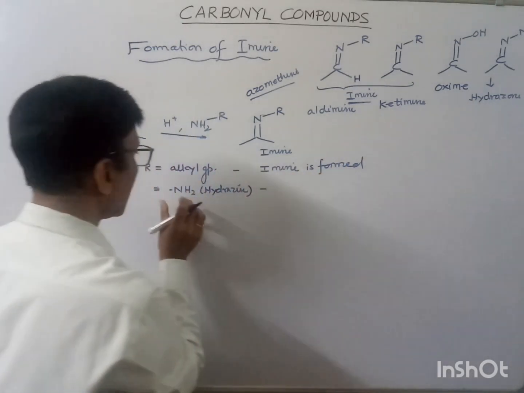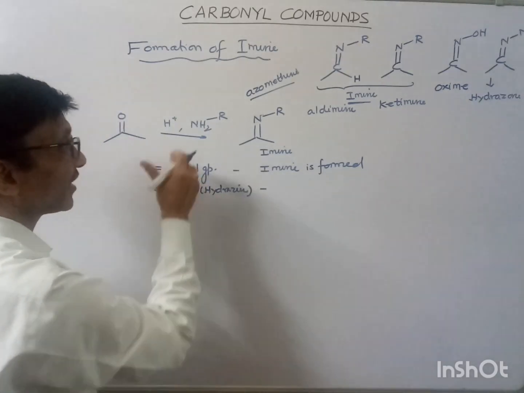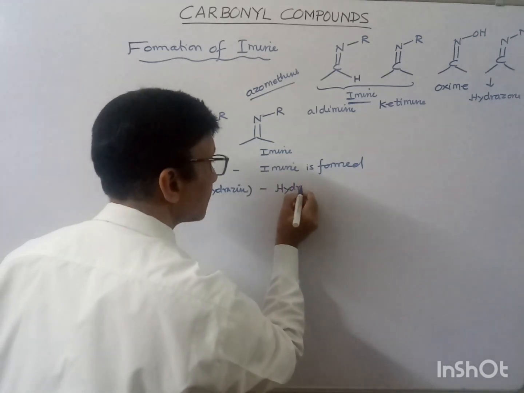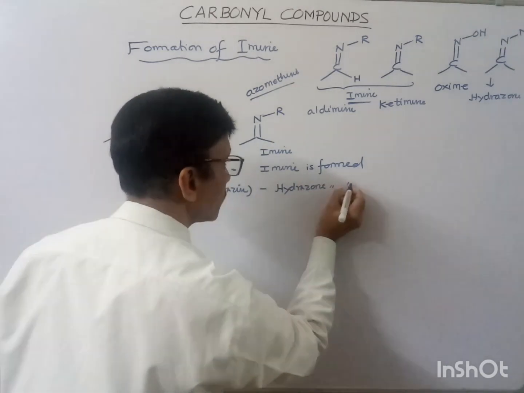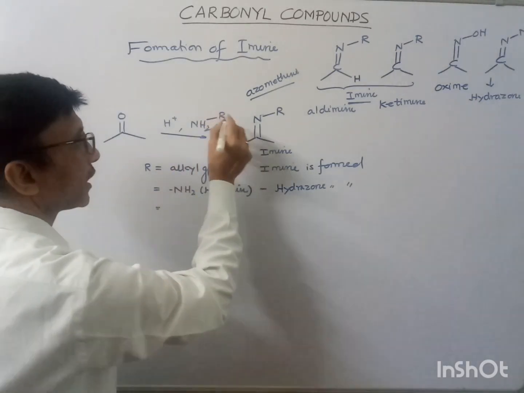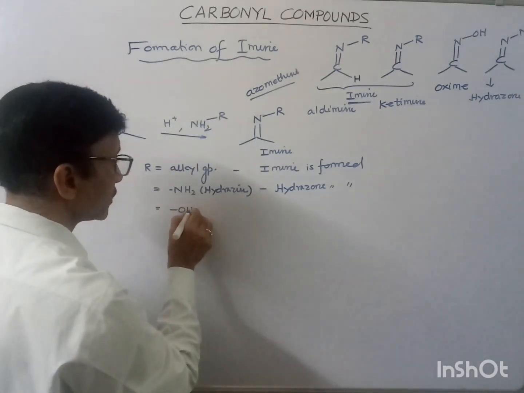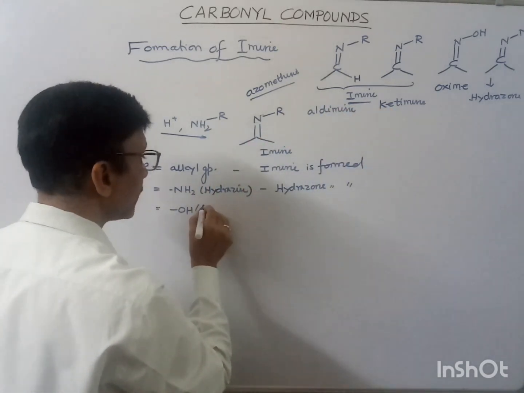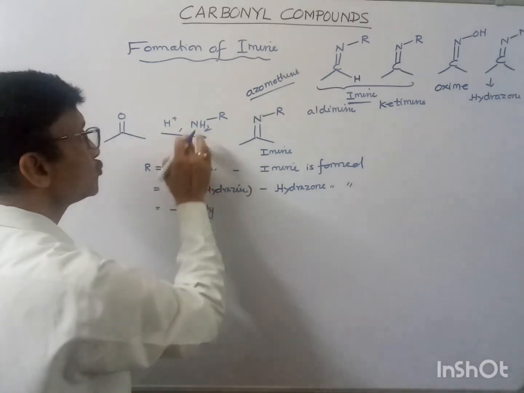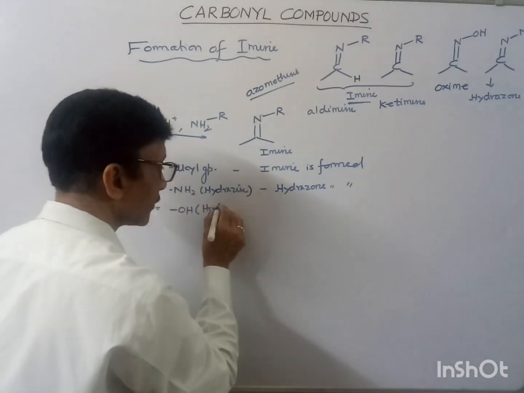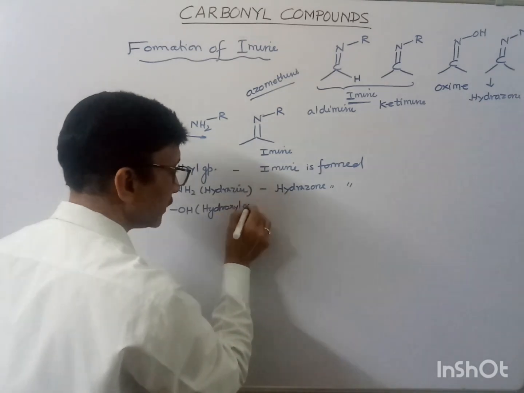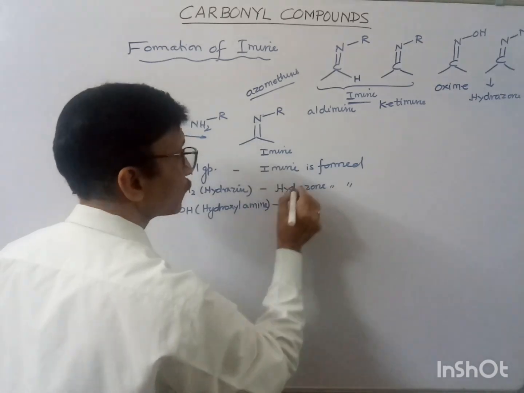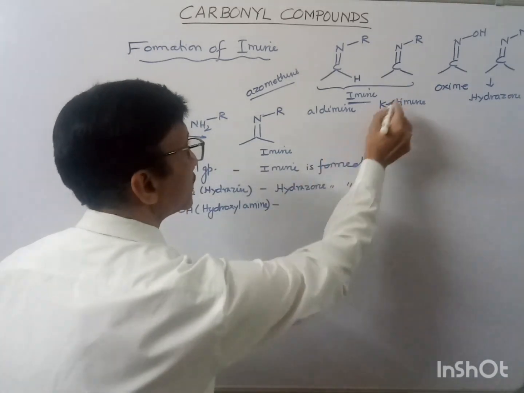If you are taking hydrazine, then hydrazone is formed. And if we are taking R as OH, that is NH2OH, which is called hydroxylamine, then in that case we get an oxime.